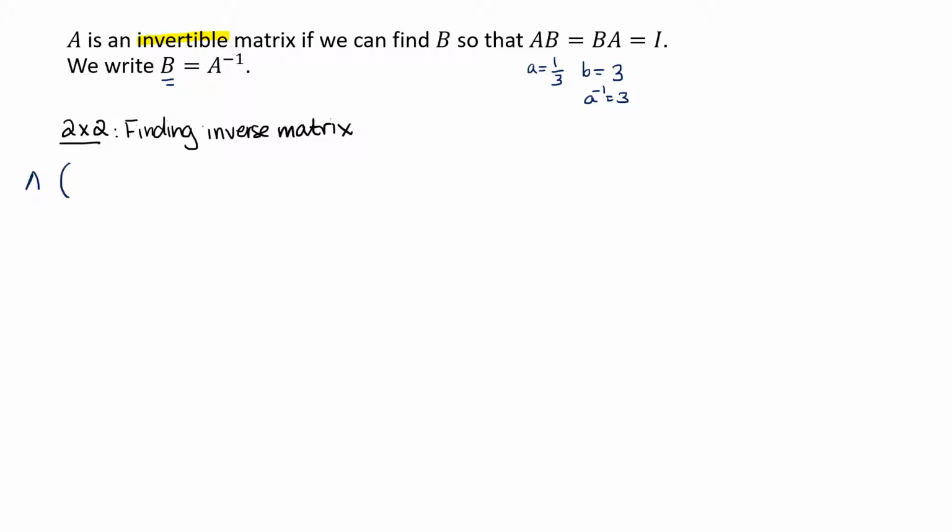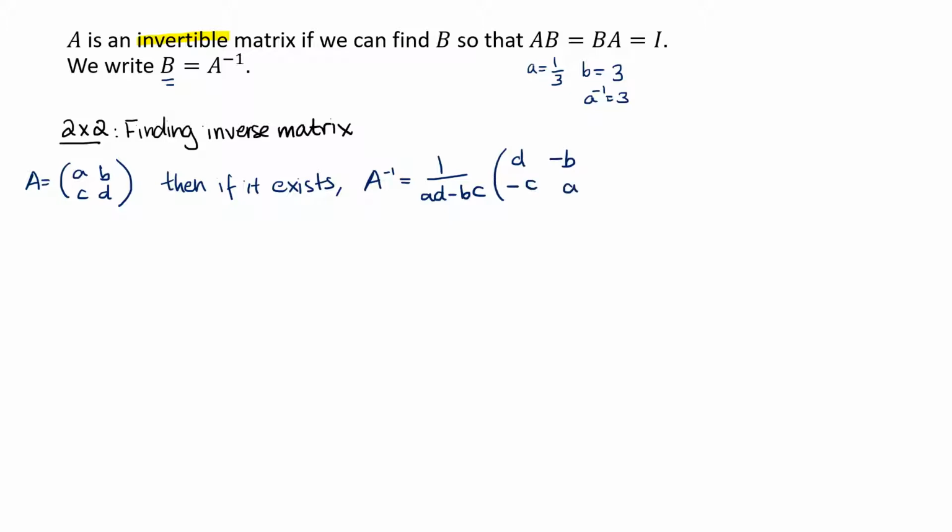So if A is equal to A, B, C, D, then, assuming it exists, A inverse is going to look like 1 over AD minus BC times D, negative B, negative C, A. What we've done is we've flip-flopped these elements on the diagonal, and we've negated the elements that are off of the diagonal. And then we multiply by 1 over AD minus BC.